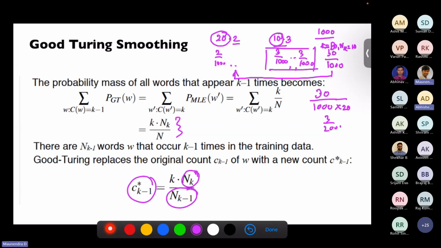So this is the Good-Turing smoothing. One can also combine the MLE estimates with the Good-Turing estimates; even that option would be there. But Good-Turing says you simply use this one. No need to use this MLE.